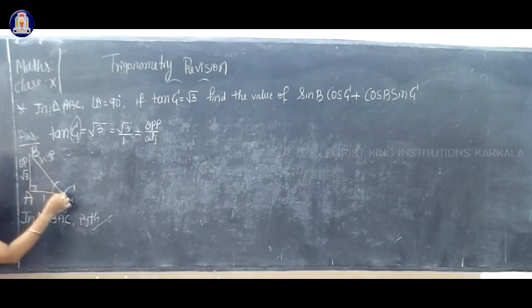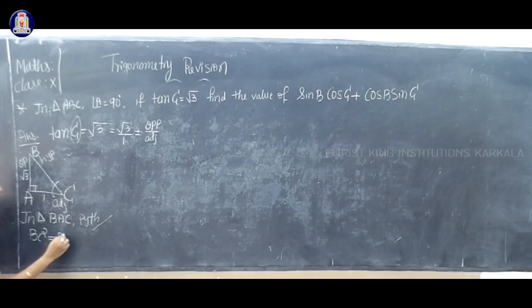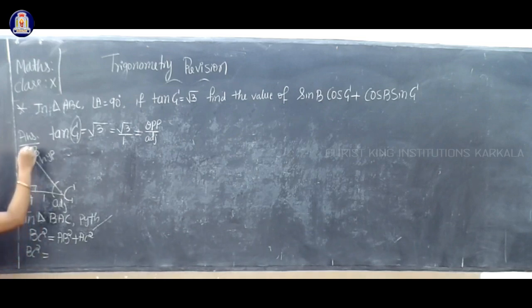Hypotenuse square, what is your hypotenuse square? BC square. So BC square is equal to AB square plus AC square. AB is root 3, so BC square is equal to root 3 whole square plus AC square, which is 1 square.